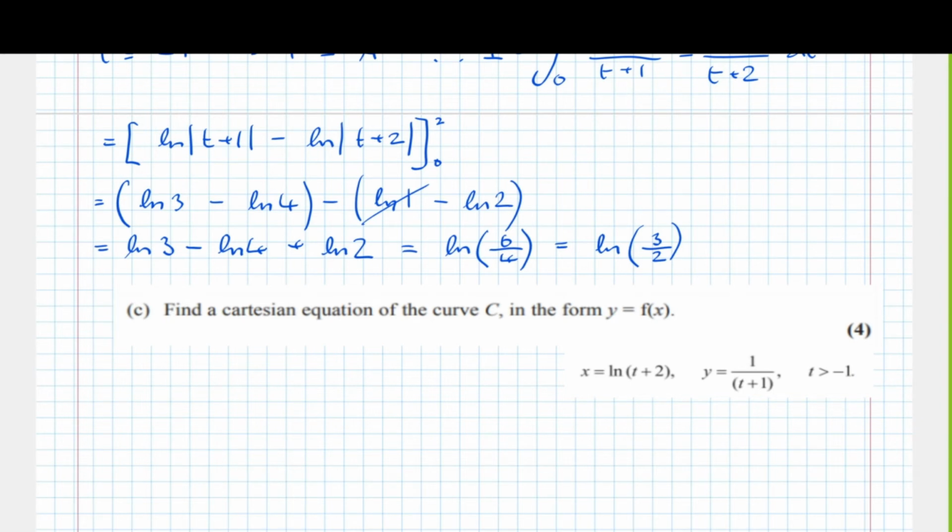So how I would do this, x equals log of t plus 2. If I e both sides, e to the x equals t plus 2, which implies that t equals e to the x minus 2, like that.